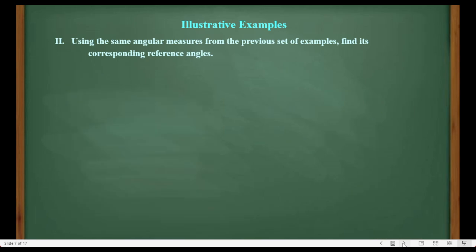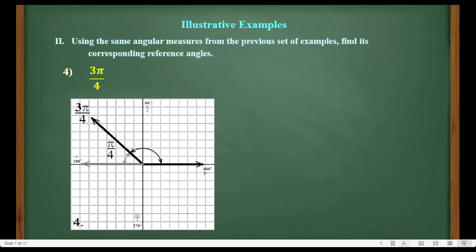Next, we go to the fourth example, which is 3 pi over 4 radian. And this is the drawing. So obviously, from the drawing, the terminal side is found in quadrant 2. So 3 pi over 4 is between the two angular measures, pi over 2 and pi.